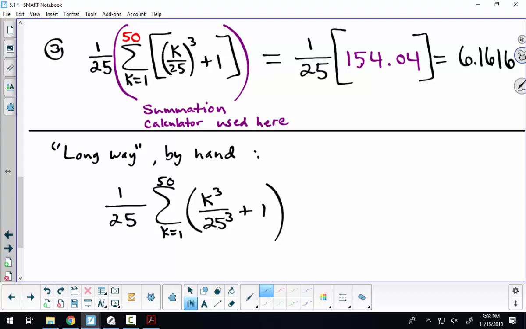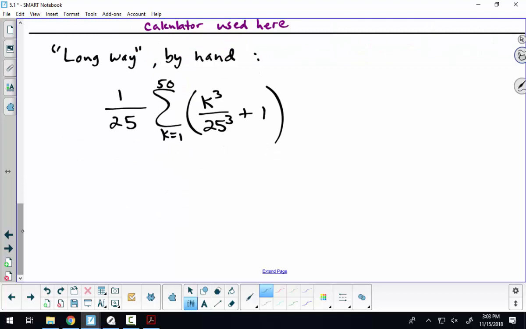All right, so we have to sum k over 25 cubed plus 1. And notice we have formulas for the summation of the integers cubed and for a constant. So really what we're going to do is split this sum up so that it's just the sum of something times k cubed and then the sum of something times 1, so it will fit into those formulas. As far as the sum of a sum, we can distribute that summation across this plus sign here.